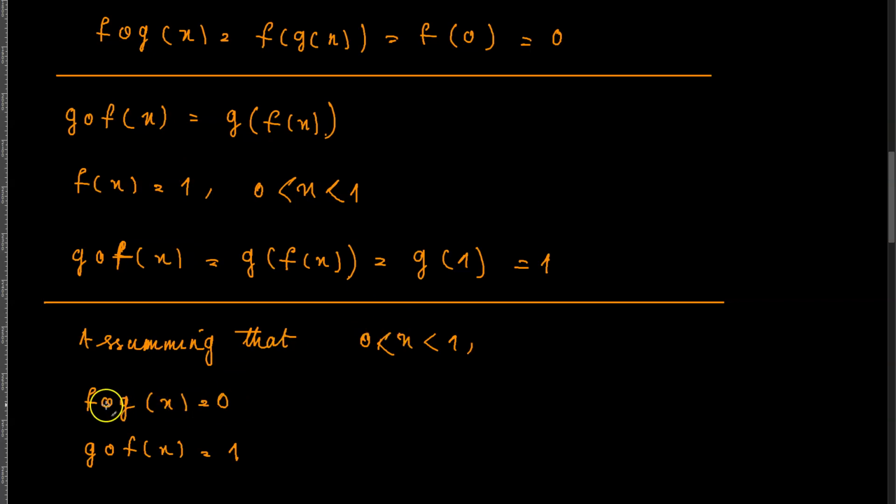FOG has the output 0, GOF has the output 1, and since between 0 and 1 the outputs are not the same, we don't really have to care about x equal to 1.